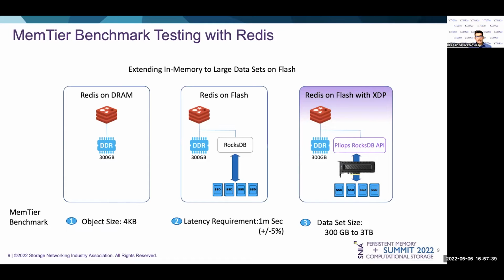So we used the Redis recommended memtier benchmark with three different test scenarios. One is running Redis on DRAM. The second is Redis on Flash, which is an identical, 100% code-compliant version of the Redis on DRAM software, and it incorporates the same functionality, features, and command set, everything.